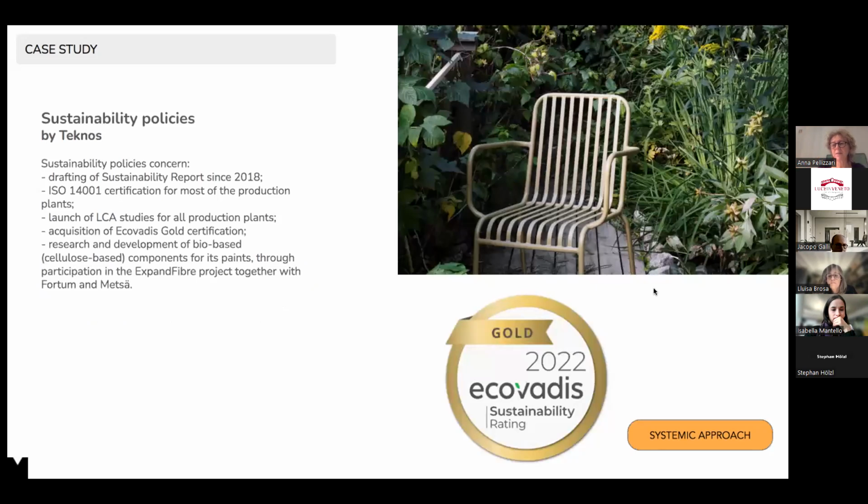Another example of a systemic approach is putting into place sustainability policies in companies. So not just focusing on the material, but rather on the way the company acts and behaves when they manufacture that material.